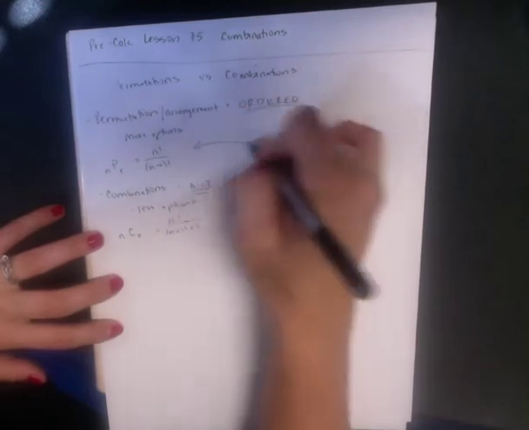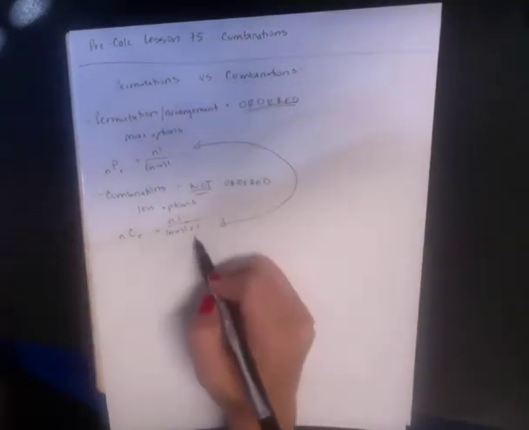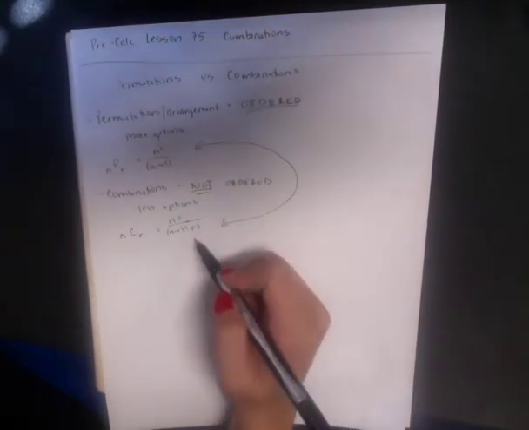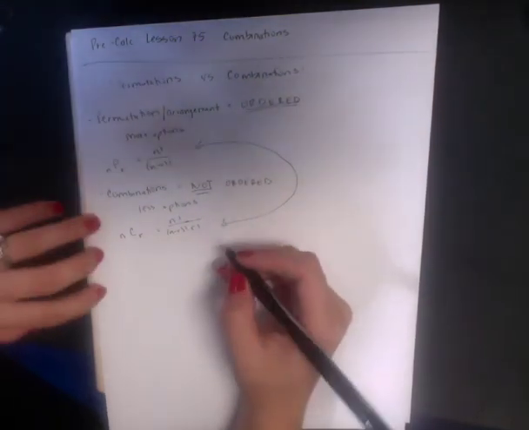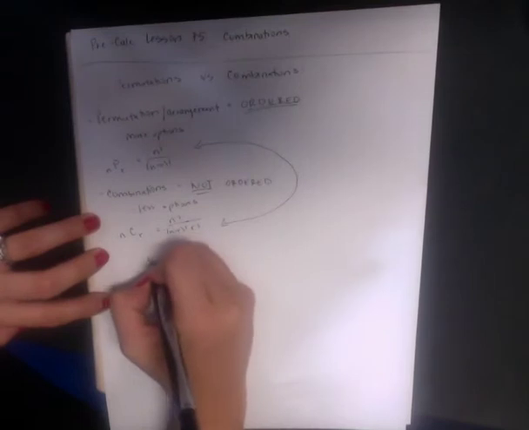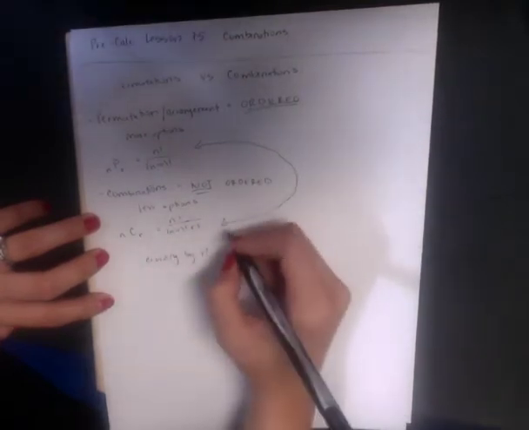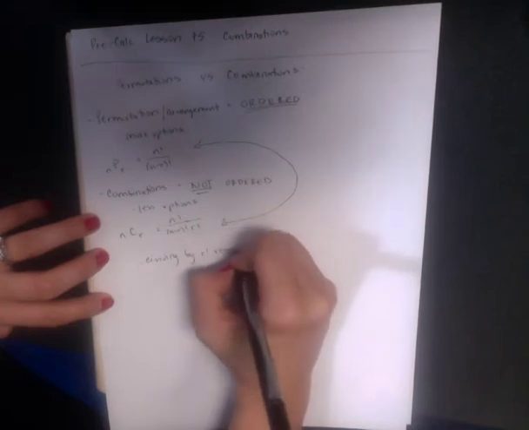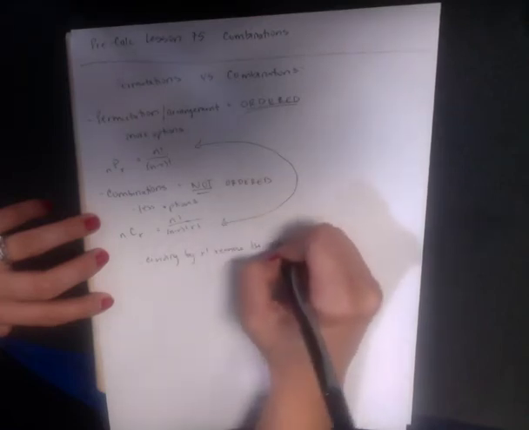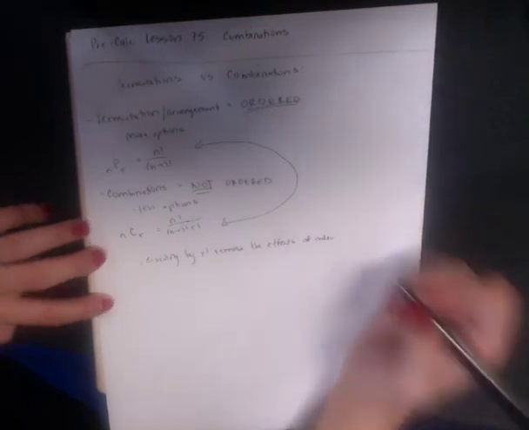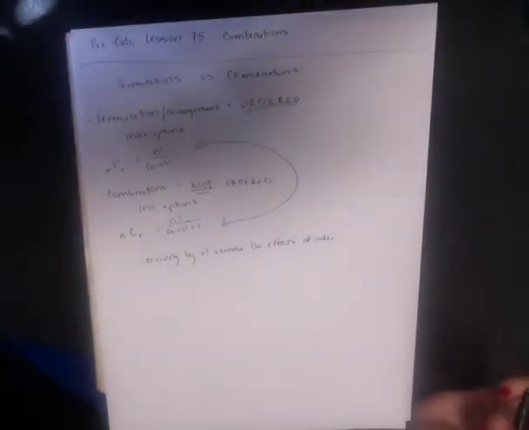Notice the differences between these two. There's an extra r factorial in the denominator, so dividing by r factorial removes the effects of order, meaning that it's just no longer ordered.